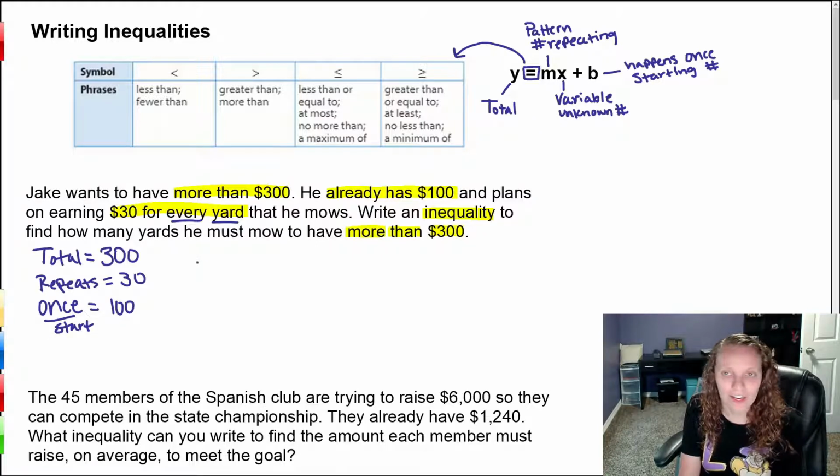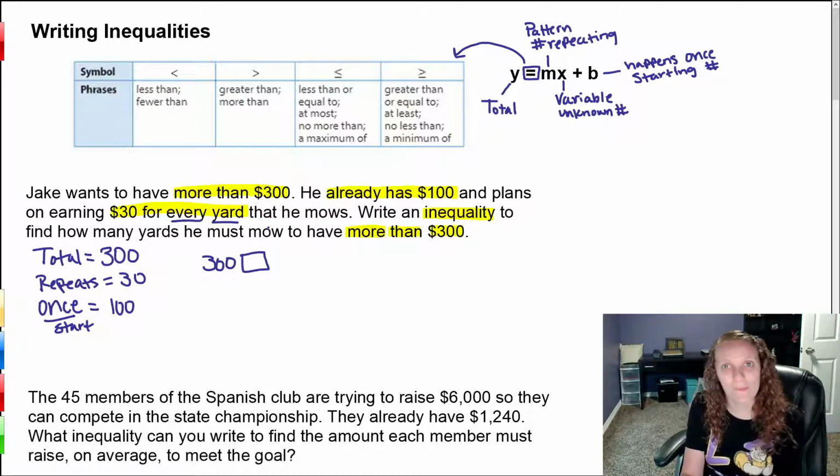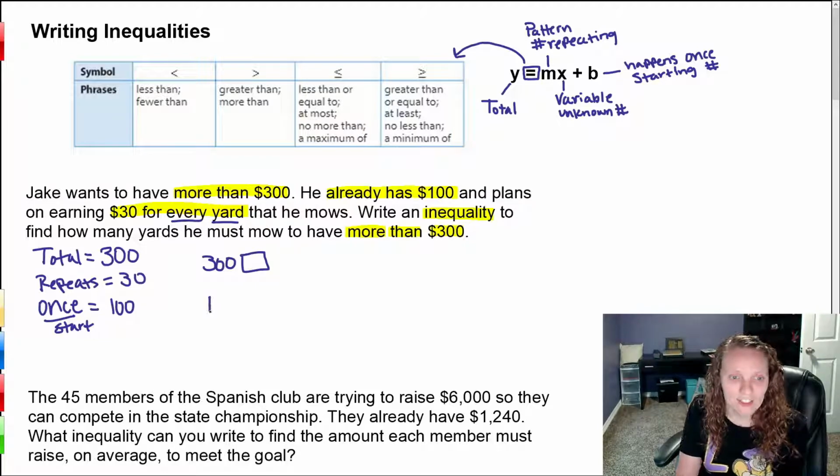Alright, let's start writing our inequality. So the total is going to go by itself. This is not an equation, it's an inequality, so I usually like to put a box here. That tells me I need to come back to it because I'm not really sure which way our symbol is facing. So we've identified the total. We don't know about the symbol.